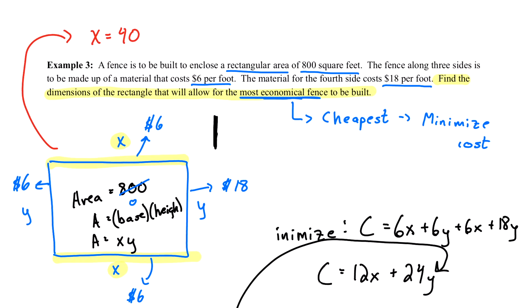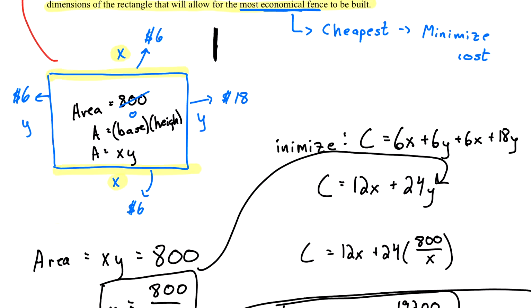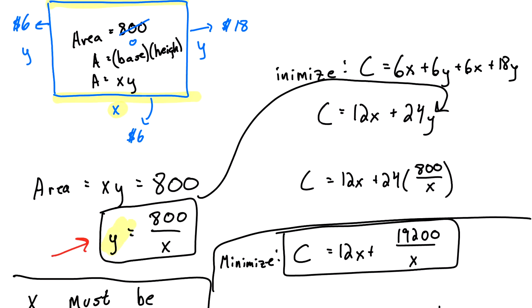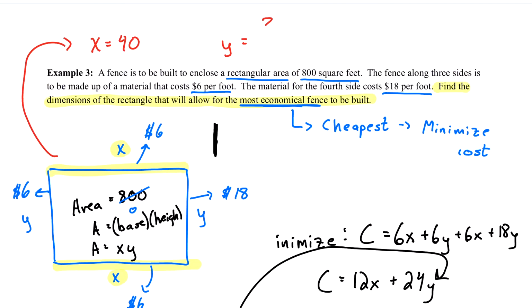We said that y is equal to, and again, I'm just looking at this piece right here, 800 divided by x. So y is equal to 800 divided by x, but we said x was 40 feet. That was part of our answer. So I'm just going to take 40 and plug that in for x.